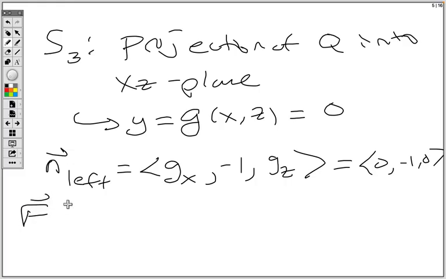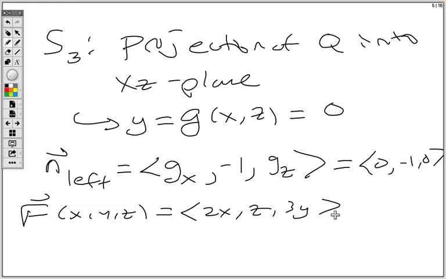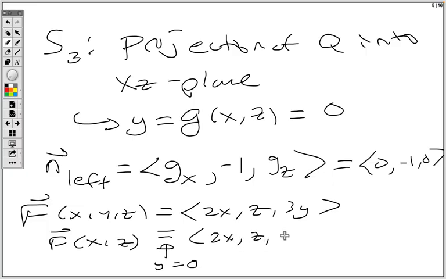Now I look at my field. Once again, the field is given by 2x, z, 3y. But if I'm on the plane y equals 0, I can get my field as just a function of x and z. Two x z times 0.